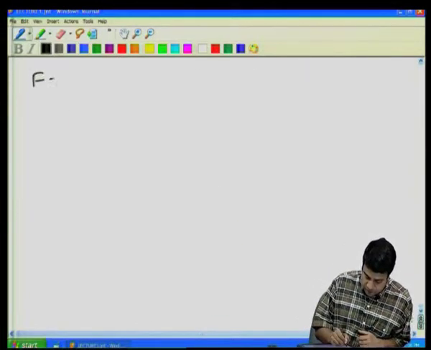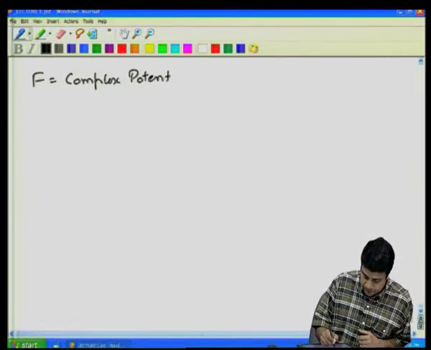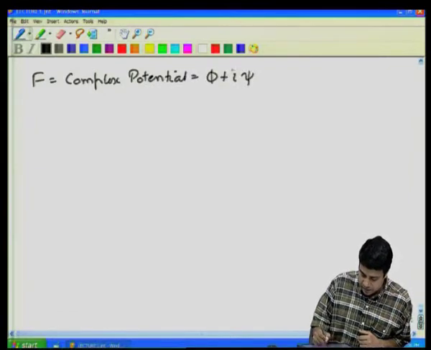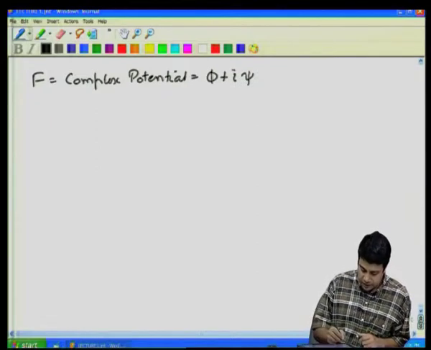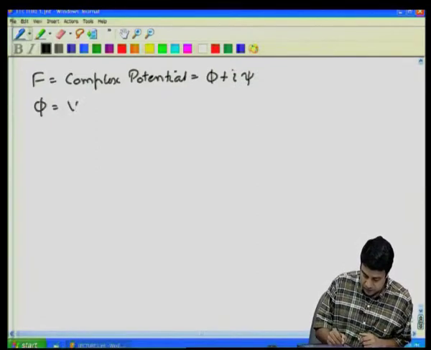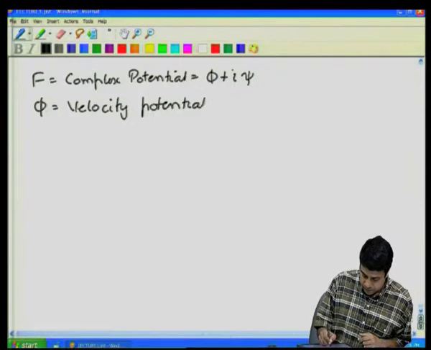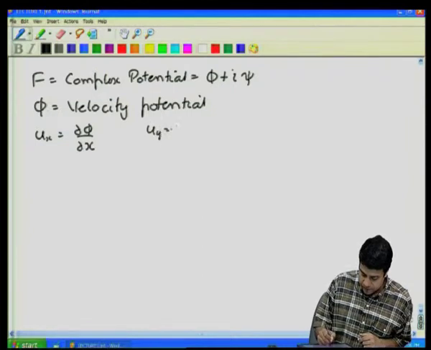So, we have f is equal to the complex potential, which is phi plus I psi. We can identify phi is equal to the velocity potential, which means that ux is equal to partial phi by partial x and uy is equal to partial phi by partial y.